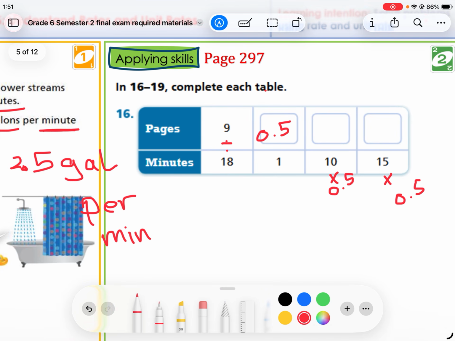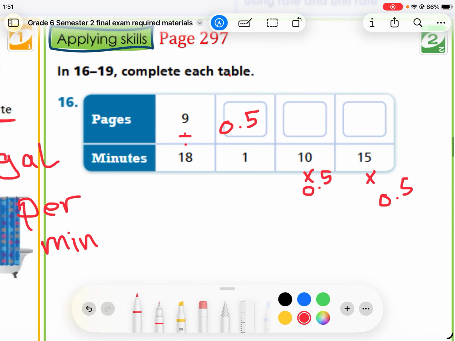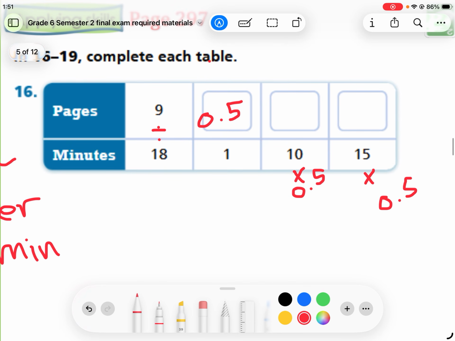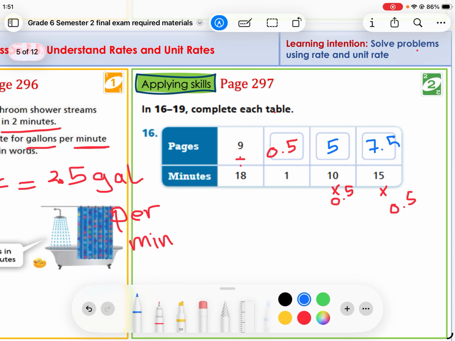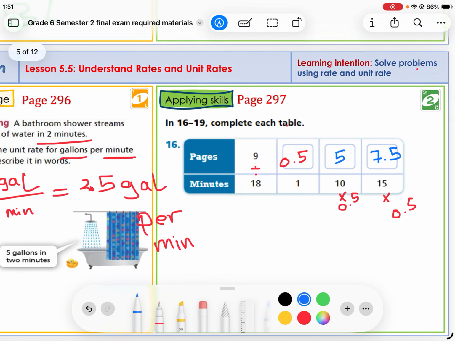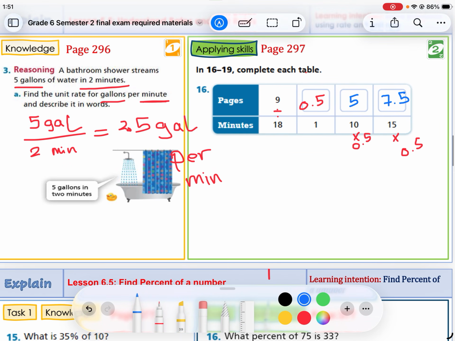If you don't know how to multiply decimals, think what's half of 10. It's the same. Half of 10 will be 5. And what's half of 15? Half of 15 will be 7.5. So for this question, you can do it mentally. This is how you complete a rate table.